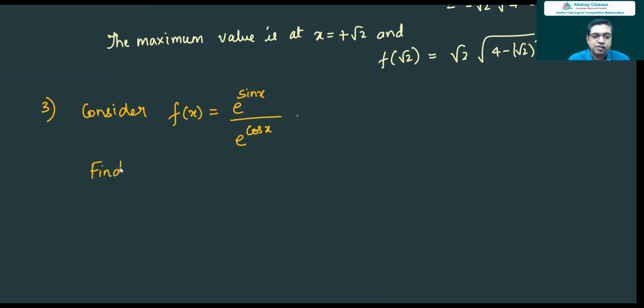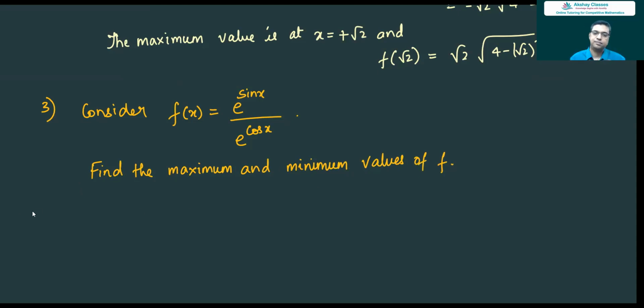Find the maximum and minimum values of x. Now, this is an exponential function. f of x can be written as e power sin x minus cos x.